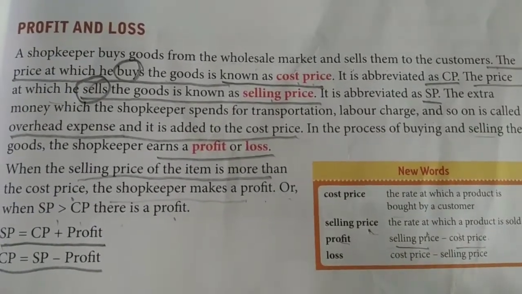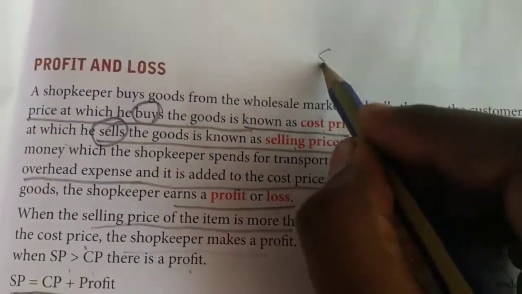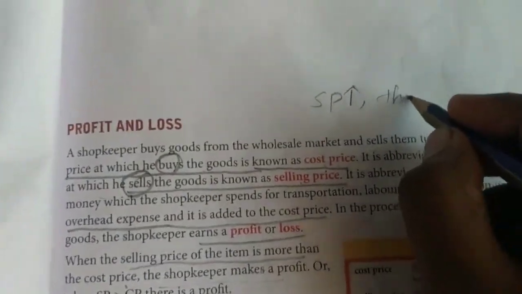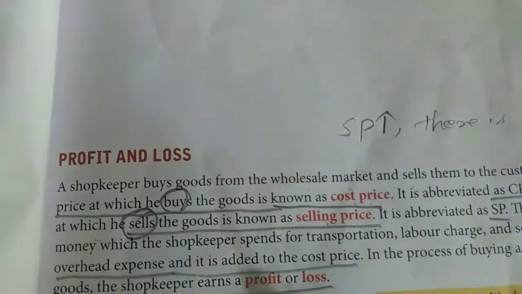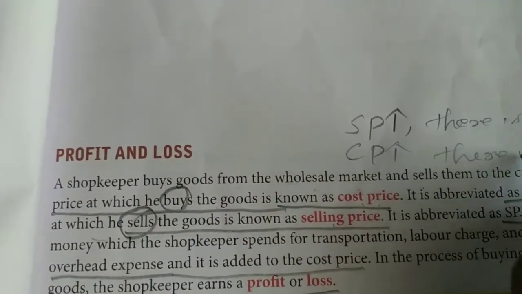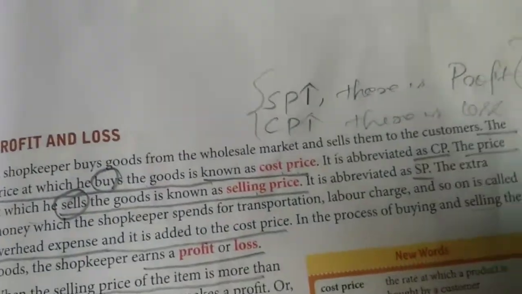Loss is equal to cost price minus selling price. If SP is more, always think there is a profit. If CP is more, there is a loss. These 2 terms, my dear children, keep in mind.